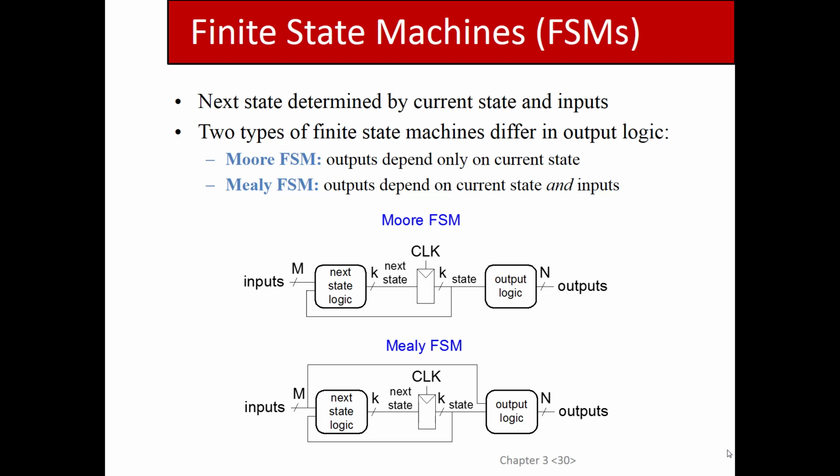A Mealy machine, on the other hand, has outputs that are asynchronous in the sense that you could think of it as having a different combinational logic circuit for every state. So once you get into a state, you're going to stay in that state for at least a cycle.